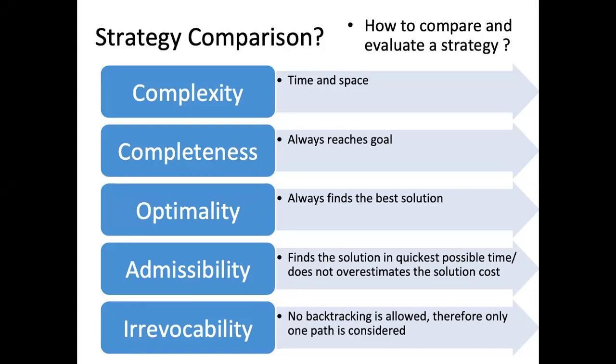If any search strategy is incomplete, that means that it will not always take you to your goal under all scenarios. Optimality. That means that whenever you have a search strategy applied, it would always give you the best solution.